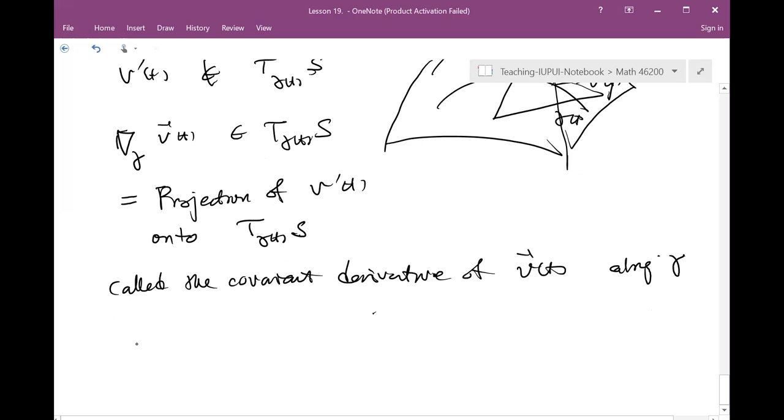I found it, but how do you find the projection? When you find the projection, this is the formula. You subtract the normal part.